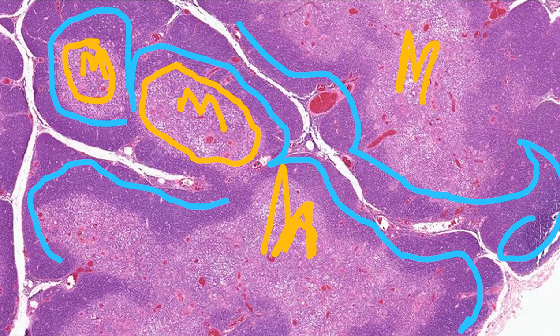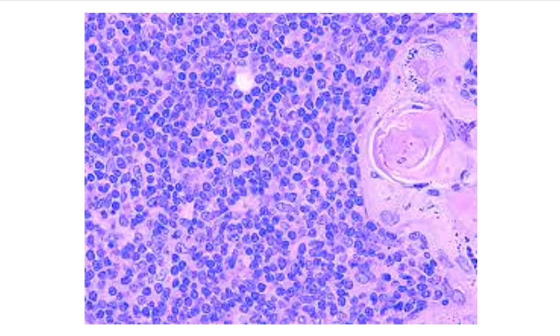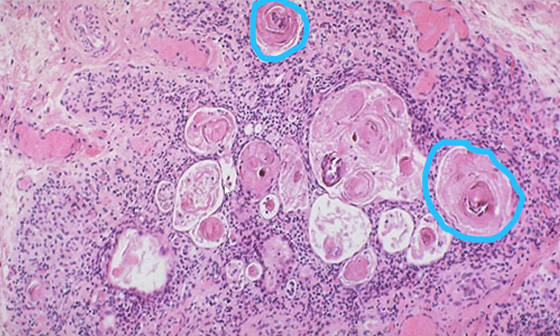Then we have the thymic corpuscles. So these look like little rosebuds. And they vary in size because it depends on how many dead T cells that they contain.